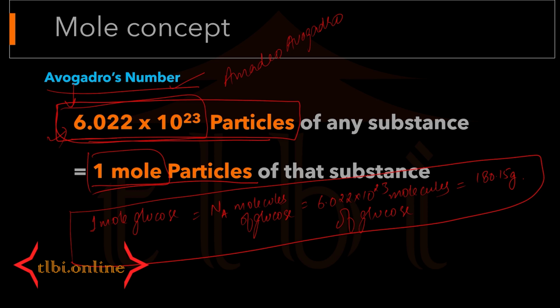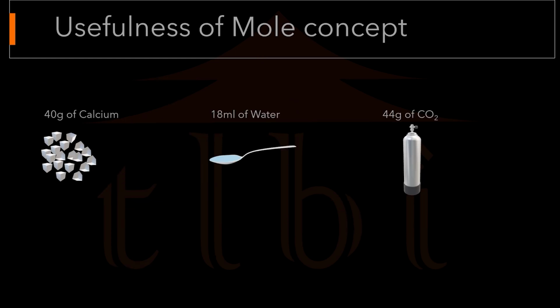So now look at the usefulness of the mole concept. What you're seeing is 3 different examples: calcium, water, and carbon dioxide, an example each from solid, liquid and gas.